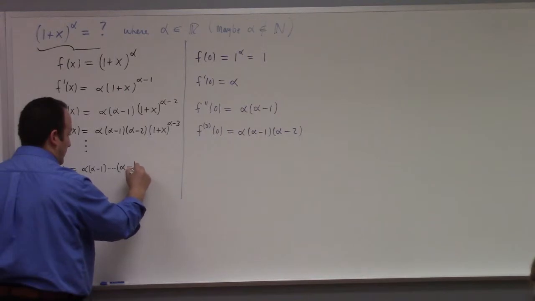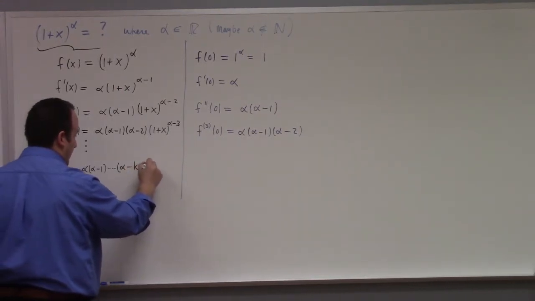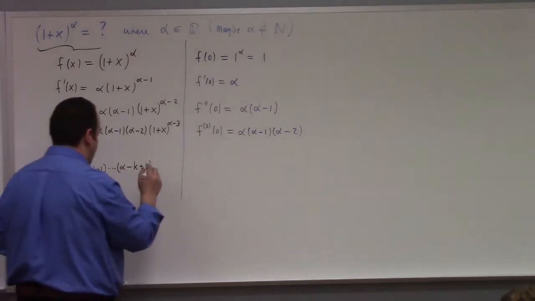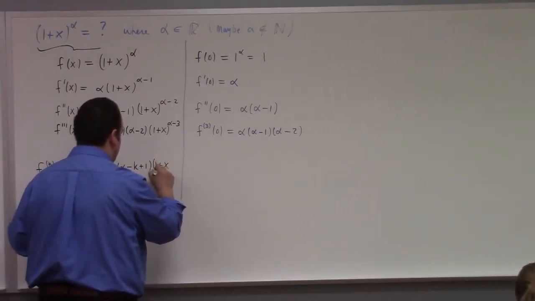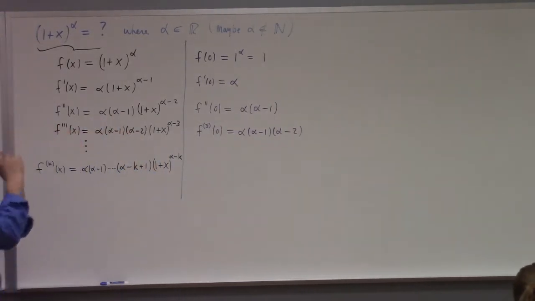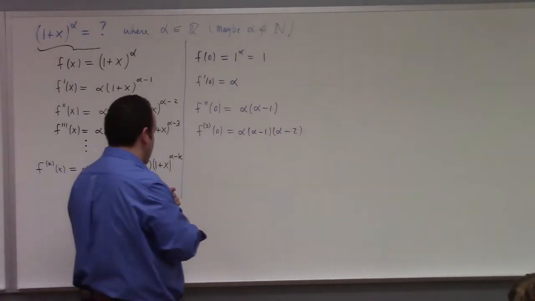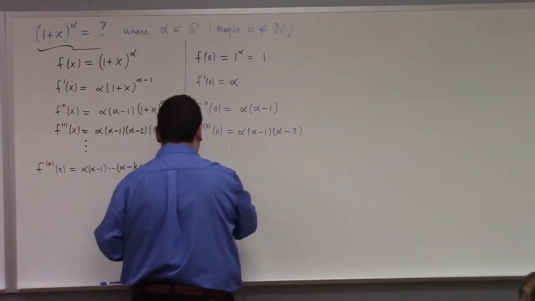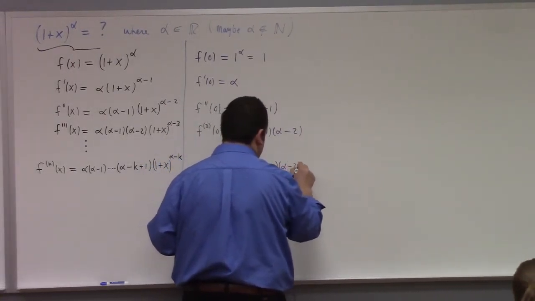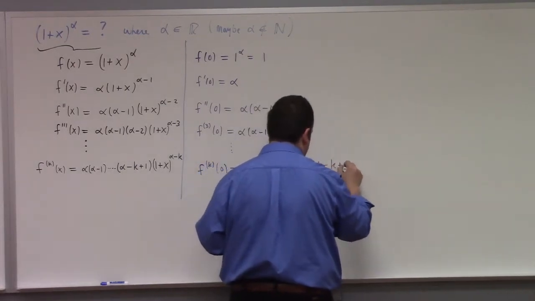Alpha minus k plus 1, or alternatively, alpha minus parentheses k minus 1, if you prefer that, times 1 plus x to the alpha minus k. So the kth derivative evaluated at 0 is alpha times alpha minus 1 times alpha minus 2, up to alpha minus k plus 1.